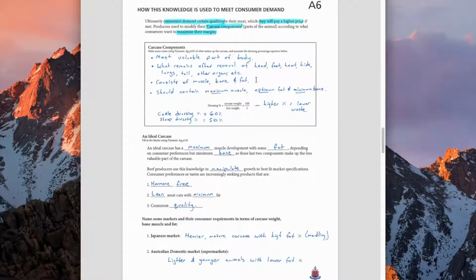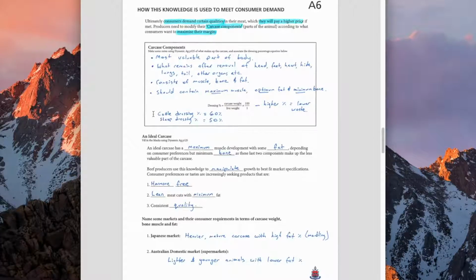Basically, the carcass consists of muscle, bone, and fat. And what you want to try and do with the carcass is provide maximum muscle, optimum fat, and minimum bone. And you can see here, this is what's called dressing percentage, which means the carcass weight over the live weight. So it's the remaining amount of carcass weight compared to what the animal was when it was alive. Cattle end up with about, give or take, 60% dressing weight.